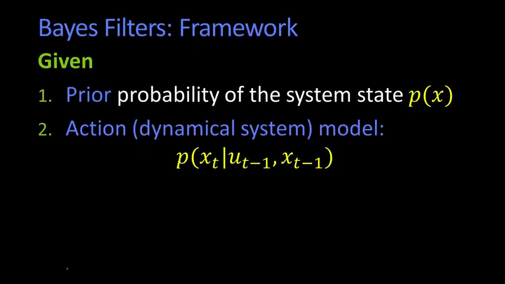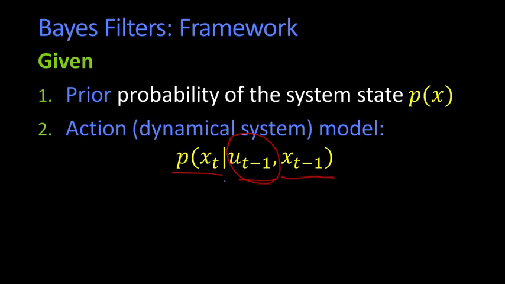So here we have our dynamical system model, and so it's the probability of some new x given my belief about the previous x plus this input. By the way, you see here it says u sub t minus 1.